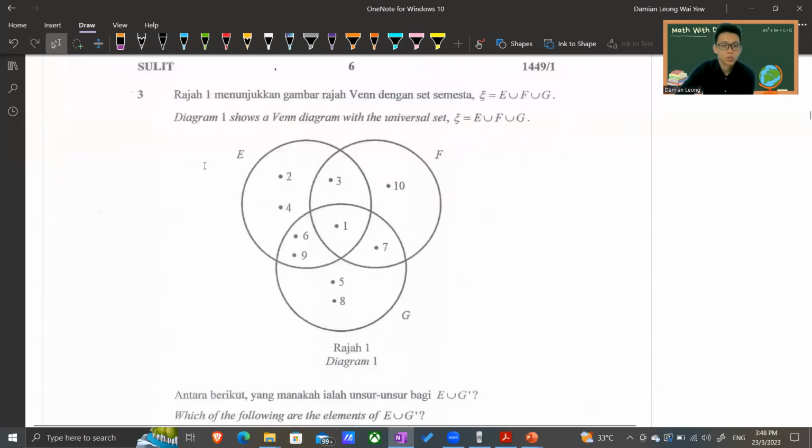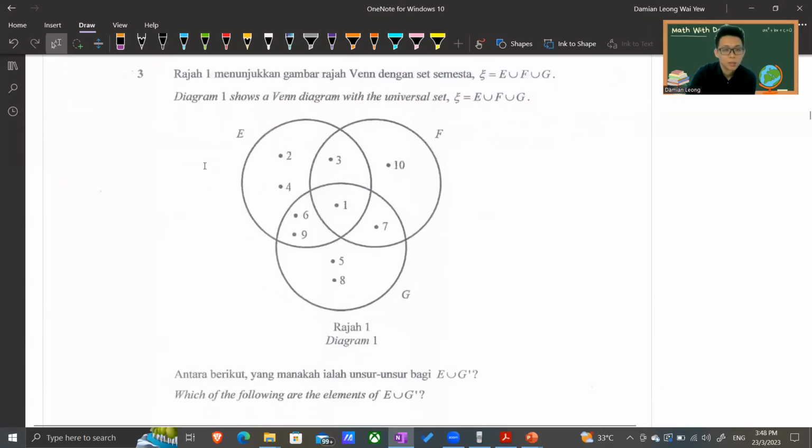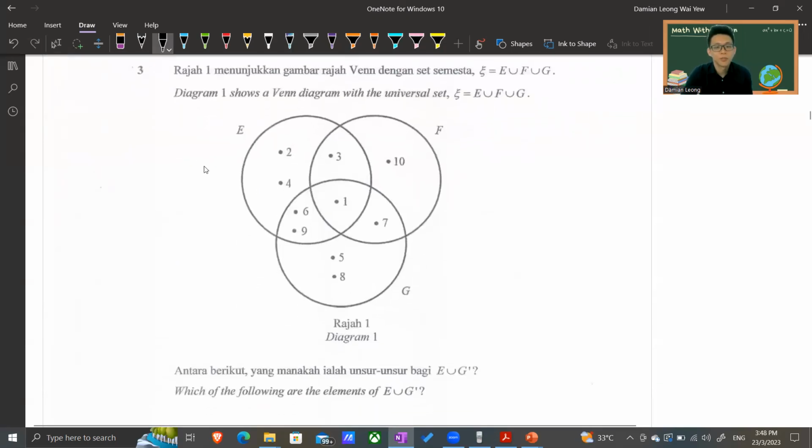Then question 3. Diagram 1 here shows a Venn diagram with universal set E union F union G. Okay. So which of the following are elements of E union G prime? E union G prime, combine E with G prime means outside of G. So E includes all this.